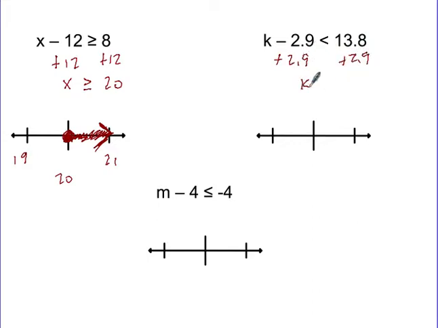So k is less than 16.7. Okay. So how do we graph that if I want the number that we're graphing on the number line? Just graph by decimals. It's okay. You can do it like this: 16.7, 16.8 here, and 16.6 on this side.